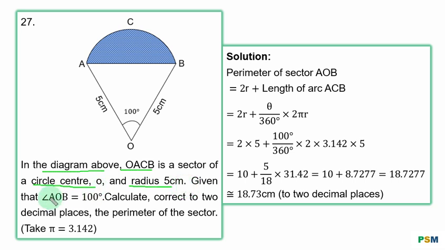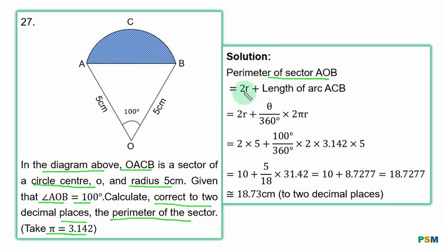Given that angle AOB equals 100 degrees, calculate, correct to 2 decimal places, the perimeter of the sector. Take pi equal to 3.142.